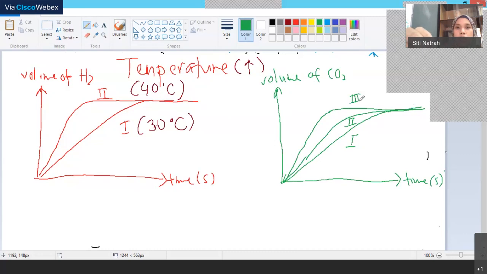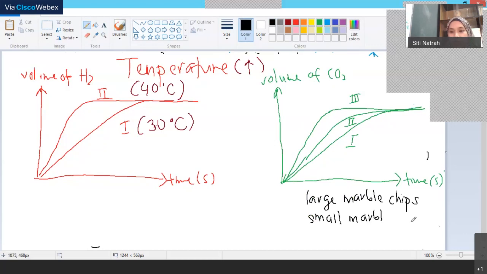Cuba bagi tahu, kamu ada kategori large marble chip, small marble chip, and then kita ada powder marble chips. Okay, yang mana nombor yang represent nombor 1, 2 dan 3.